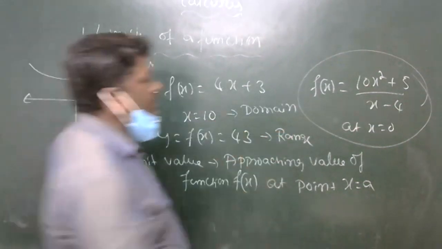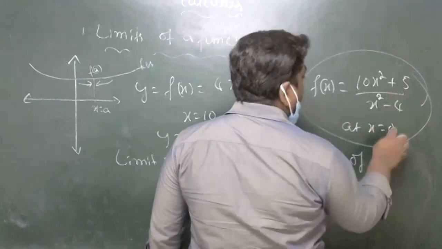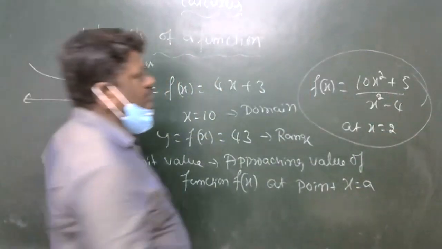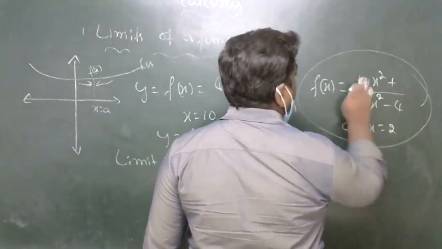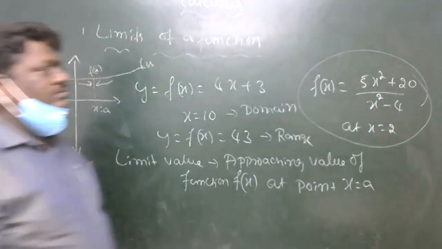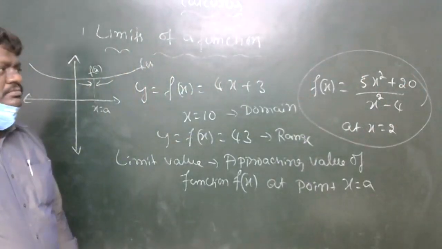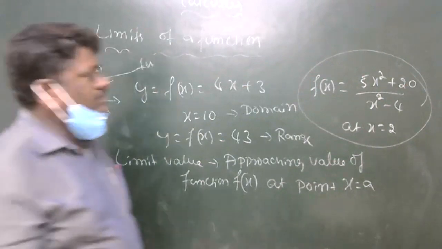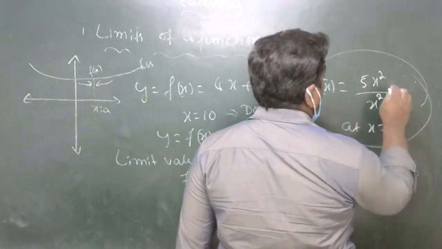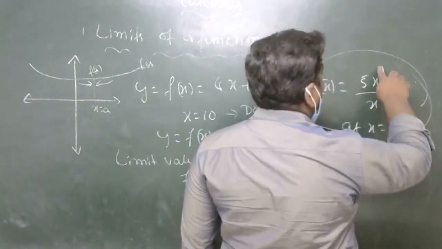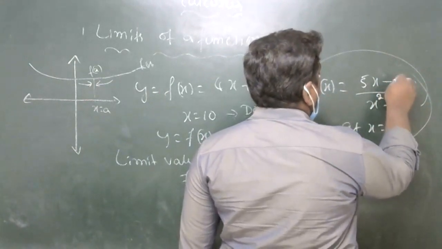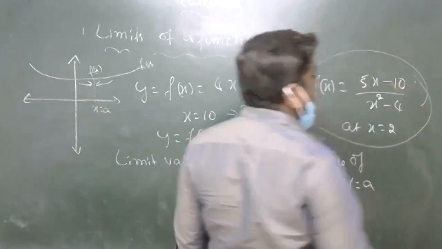Okay, sorry. x square, if you put x is equal to 2, square, by x, minus 10.